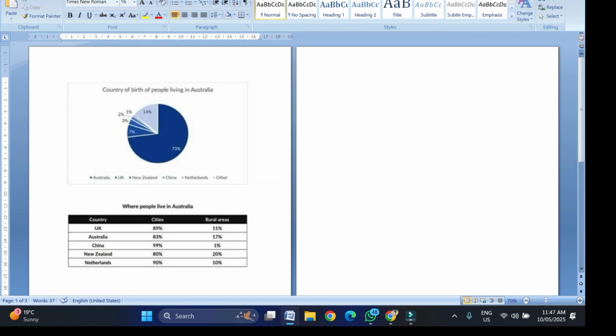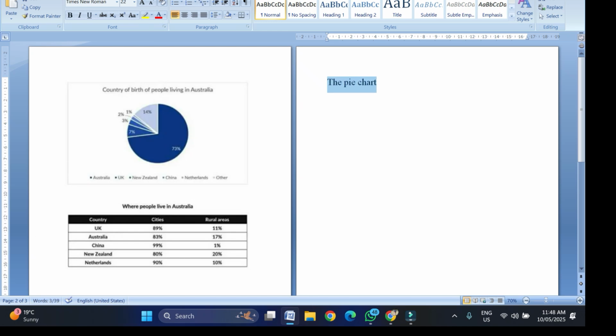So firstly, we will start with the pie graph. Obviously, the pie graph is the first image followed by the table. So how can you write the introduction? The pie chart illustrates.